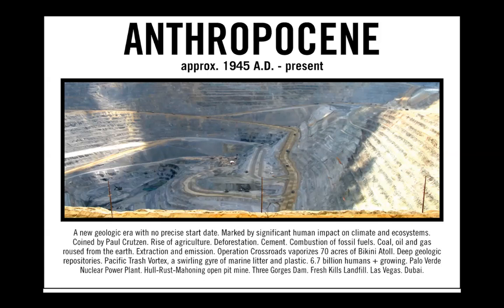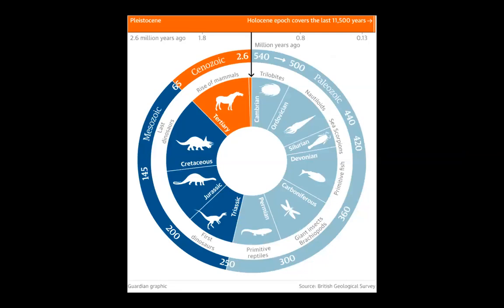It's been altered, and our impact is permanently written in the geological record. To put that into perspective, the last official geological period was the Holocene, and it lasted about 11,500 years. So it's undoubtedly significant that we have entered a new period in geological terms due to human impact.